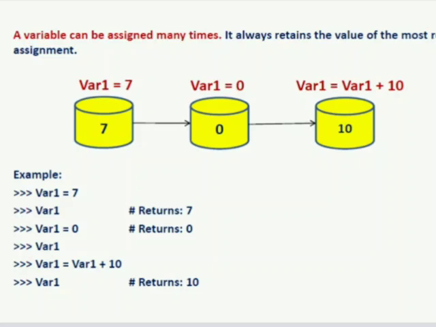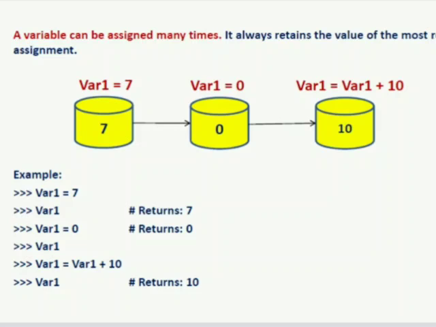In the diagram also we can see the first time variable 1 is having the value 7. But when we assign var1 is equal to 0, then variable 1 will have the value 0. The value is changing. For the first time 7. For the next time 0.